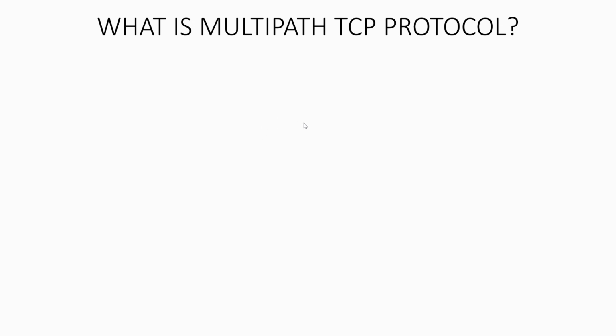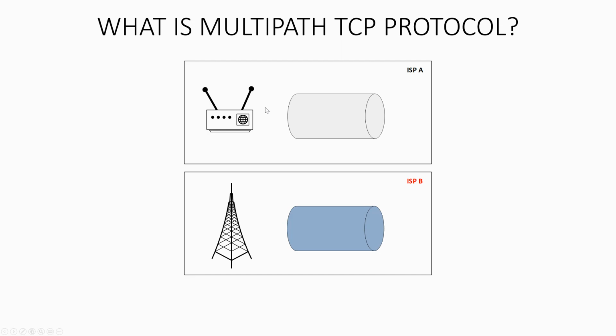To further understand the protocol, we have to look at the limitations of TCP. On this demonstration here, we have internet provider A, which is a broadband provider for a residential home. We also have ISP B, which is a 5G LTE data mobile provider.